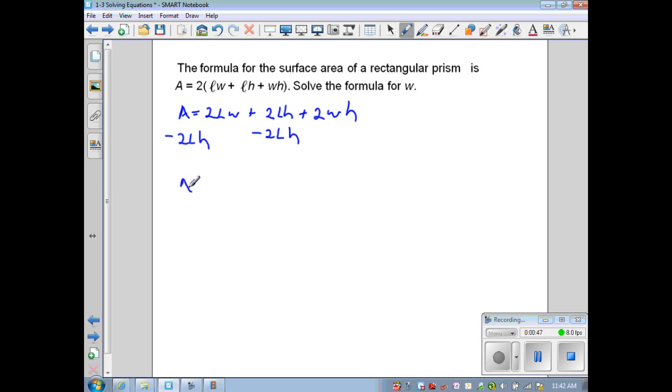And that gives me A minus 2LH, and that equals 2LW plus 2WH. I'm solving for W. And this is very similar to our previous problem, where I can take my W out, like the distributive property, and that would leave me with 2L plus 2H.